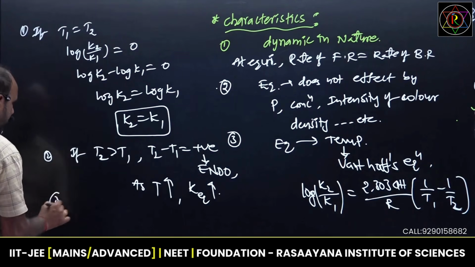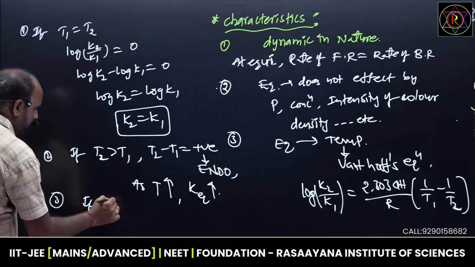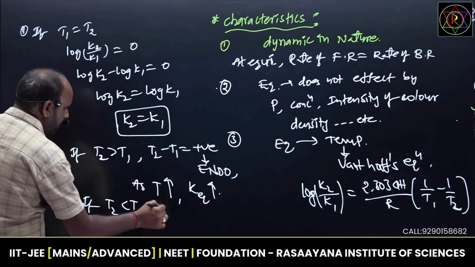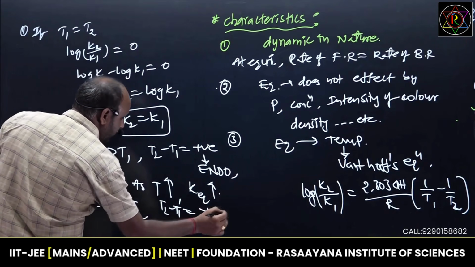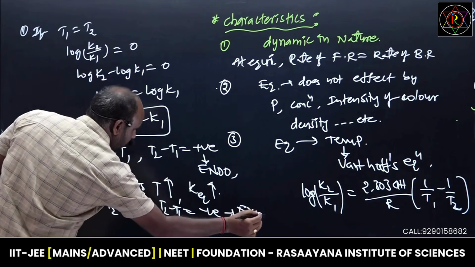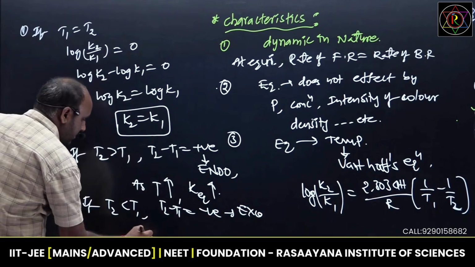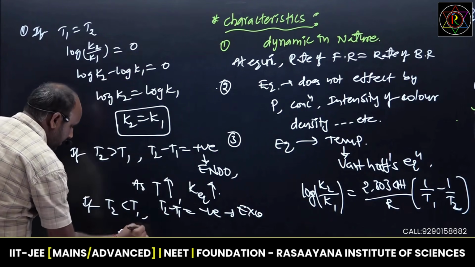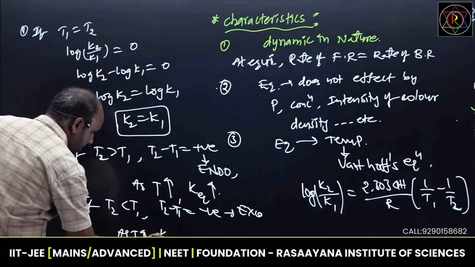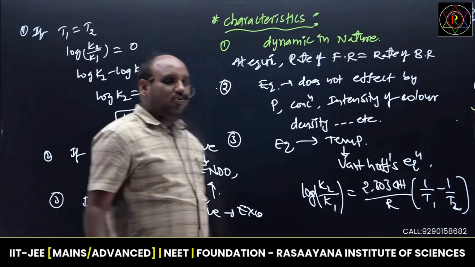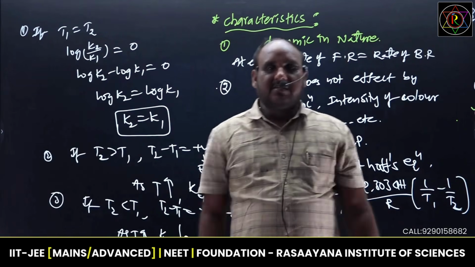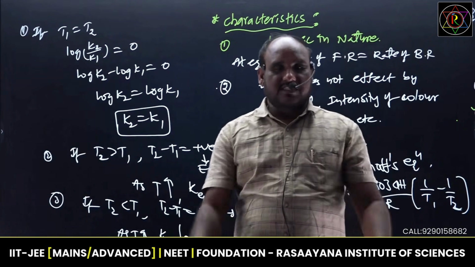Then the third condition: if T2 is less than T1, T2 minus T1 is negative, which means an exothermic process. For an exothermic process, as temperature increases, the equilibrium constant decreases. And if both temperatures are the same, the equilibrium constants are the same.